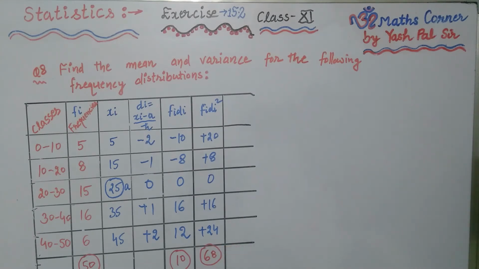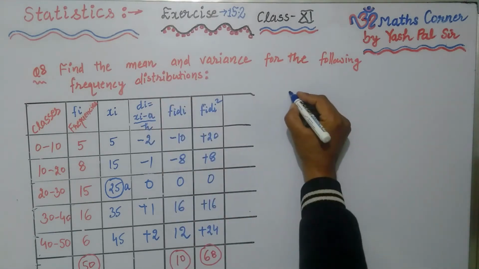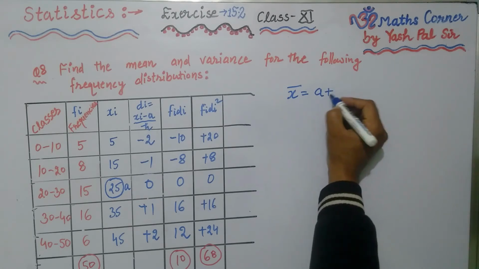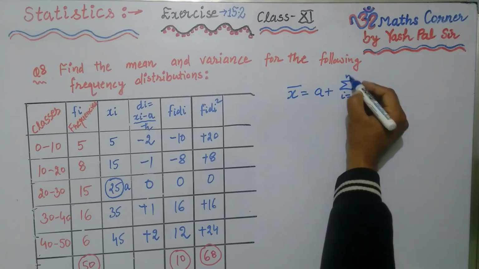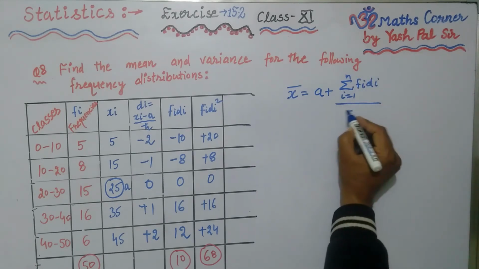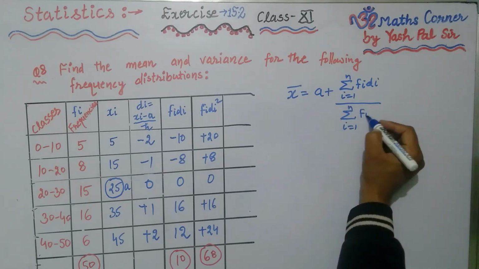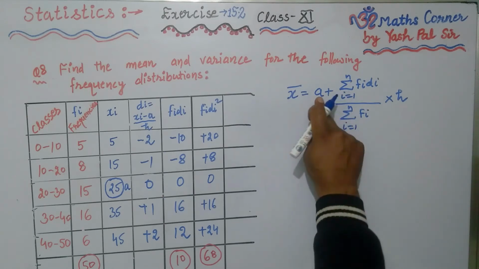Okay, now we shall calculate first of all the mean x bar, which is equal to a plus summation i equals 1 to n fi di divided by summation i equals 1 to n fi, into h. So what is a?